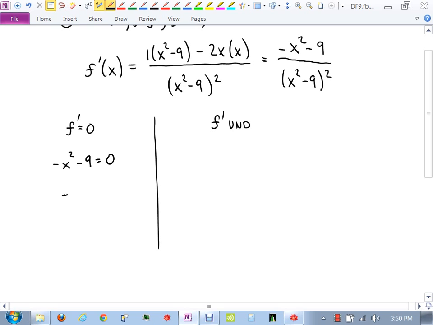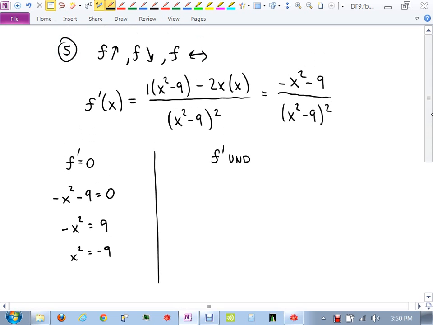Go ahead and move the 9 over. What can you tell me already? You can do it the other way around too. You can put x squared equals negative 9. No solution, right? No real solution. The only way that you can square a number and get a negative is if you use the imaginary unit. The numerator is what?